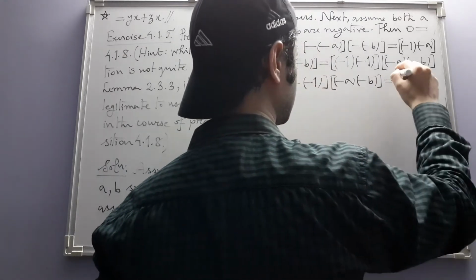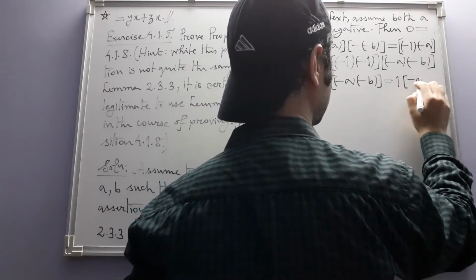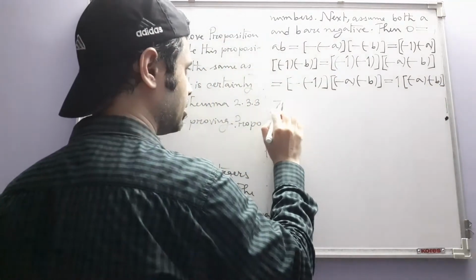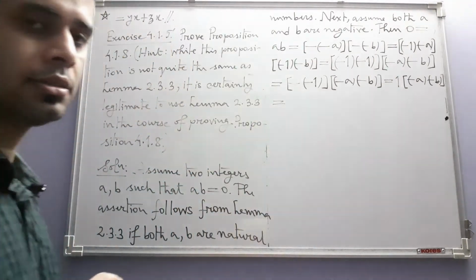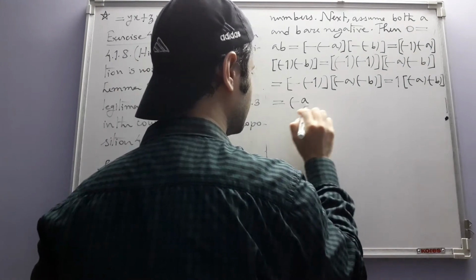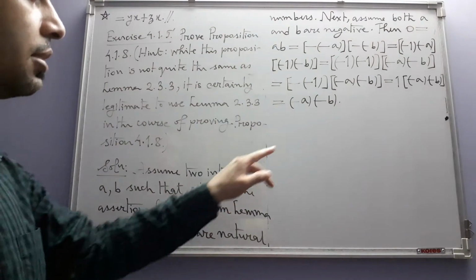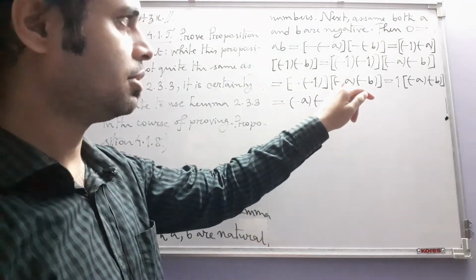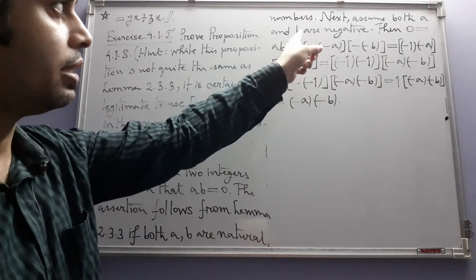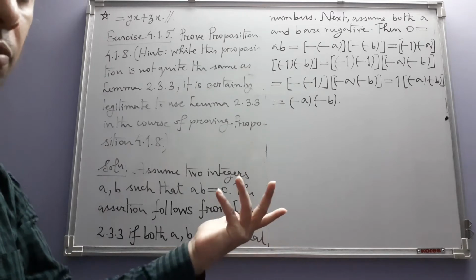So this becomes 1 times minus a minus b, and this, according to one of the identities proved in proposition 416, is minus a minus b. So now we see that minus a and minus b, if we take their product, that is also 0. And since a and b are negative, minus a and minus b are natural numbers.